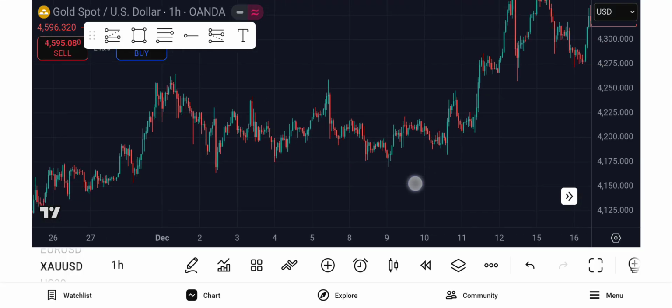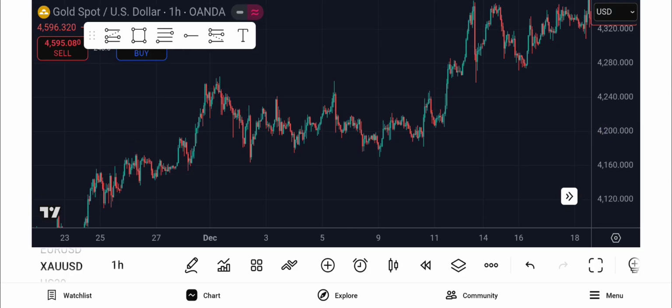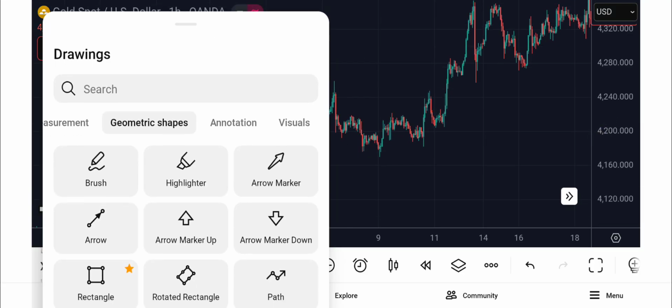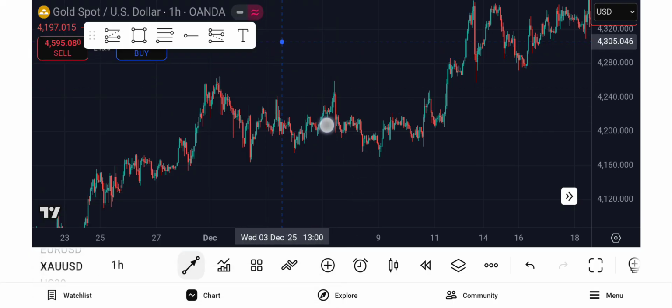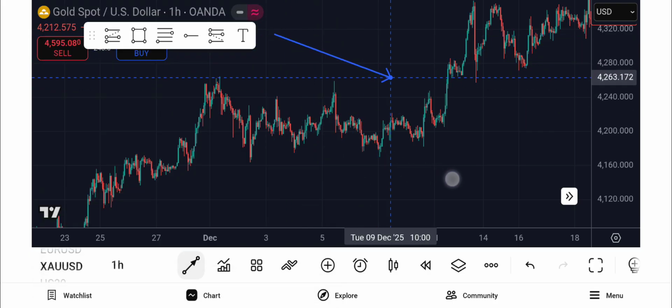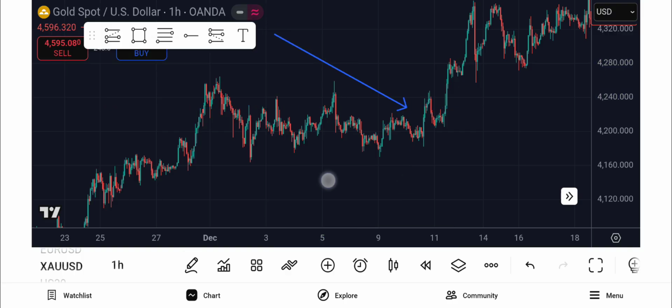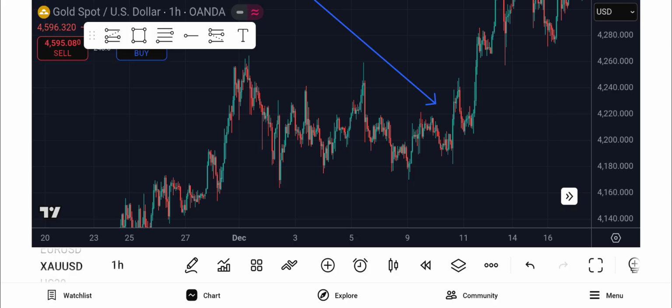We could use this mini downtrend. Let me see if I can pull out the can. This is like a mini downtrend, right? So we're going to look for fair value gaps in this lower downtrend right here.